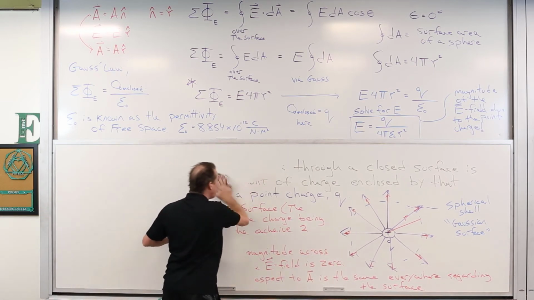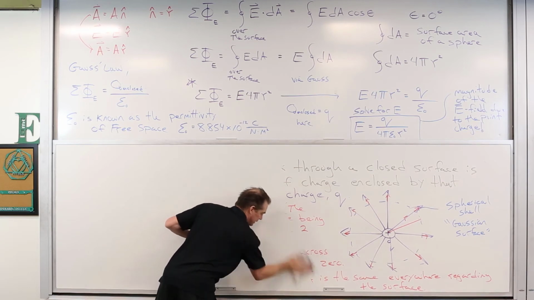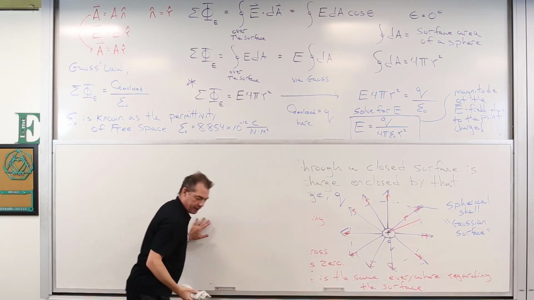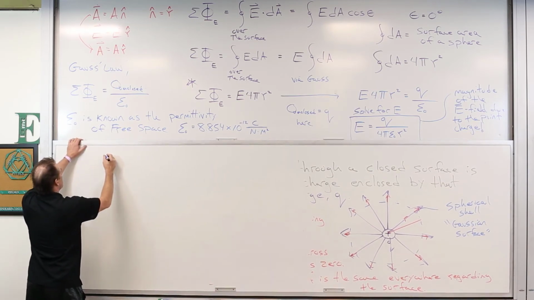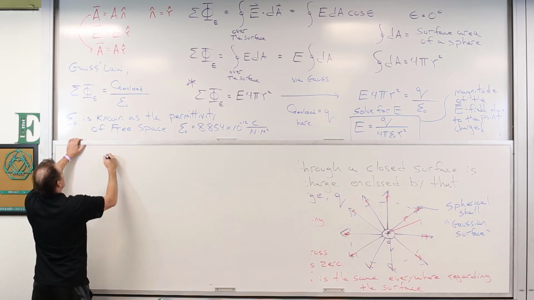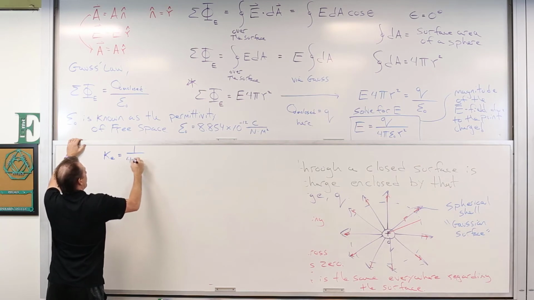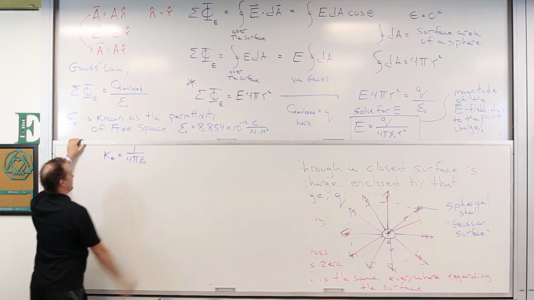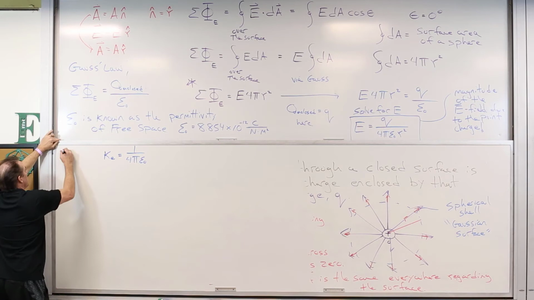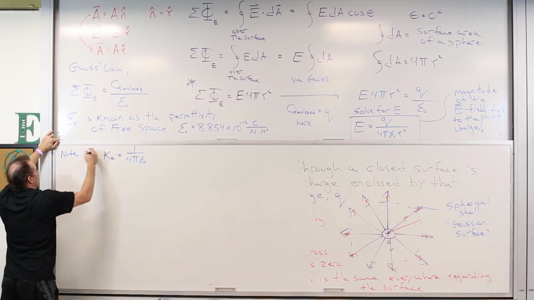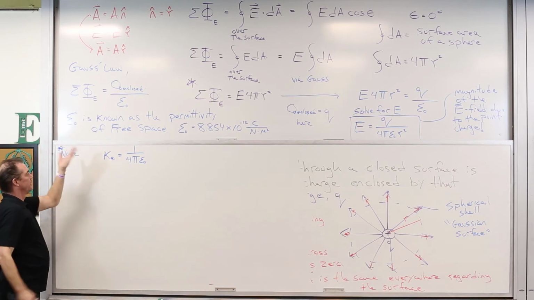And we just note that it's related to Coulomb's constant by a nice little factor here. K sub E is equal to 1 divided by 4 pi epsilon 0. Note that. There we go.